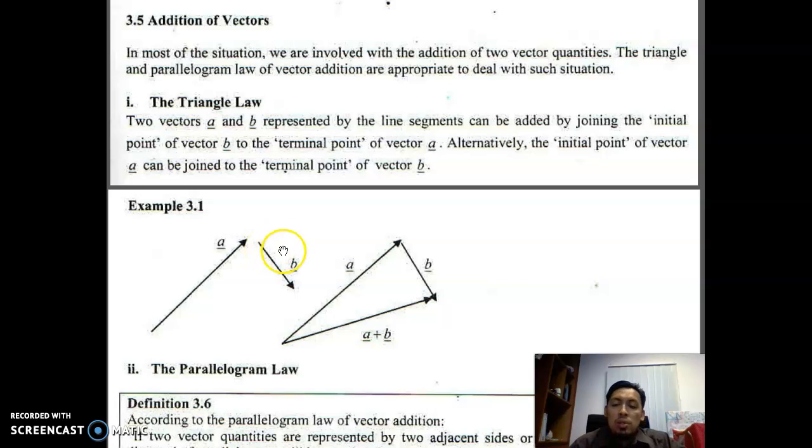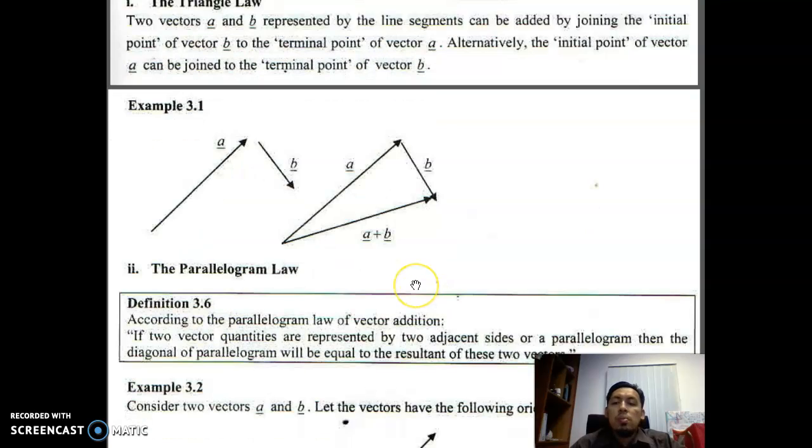Then you connect the initial point of A with the terminal point of B to get the new vector, which will have the new magnitude and the new direction.